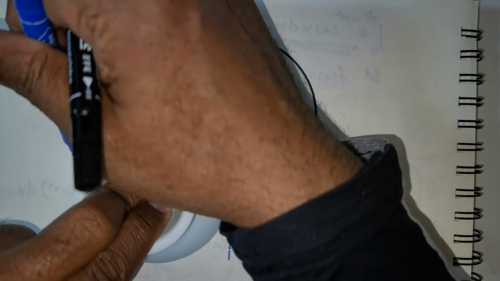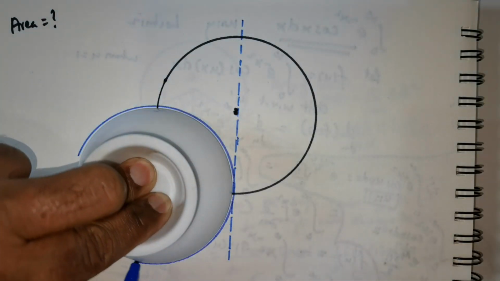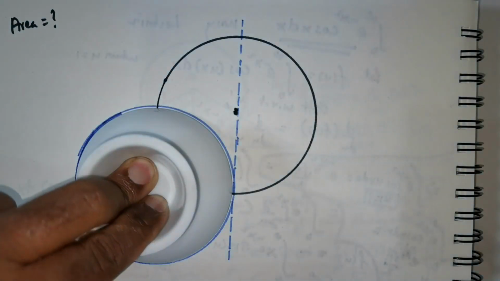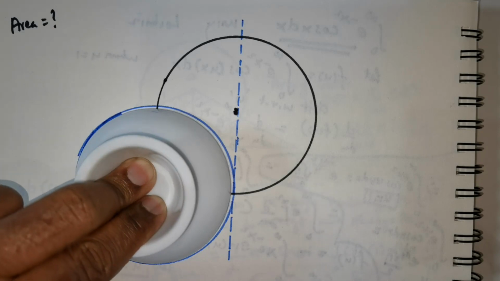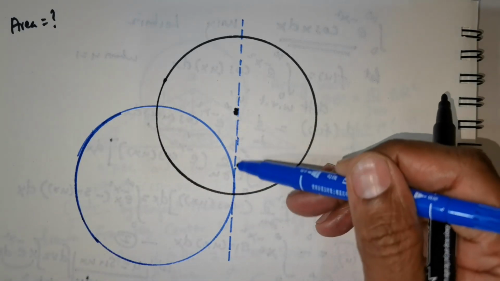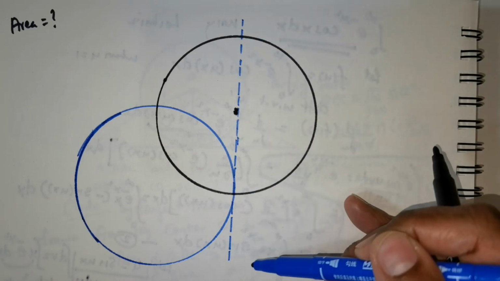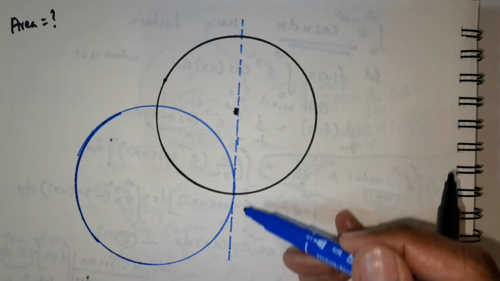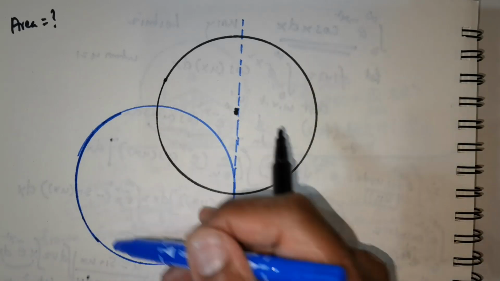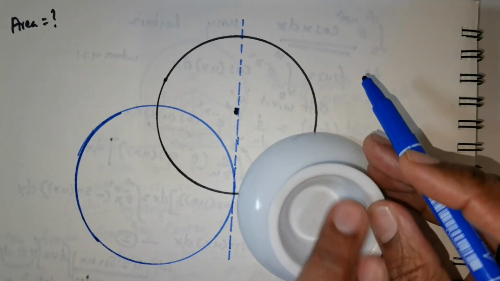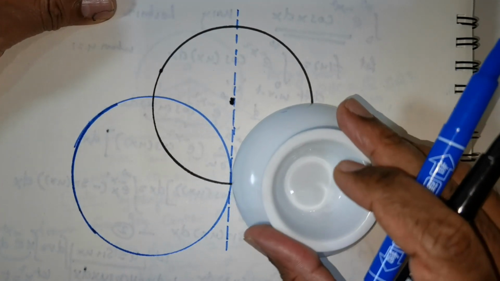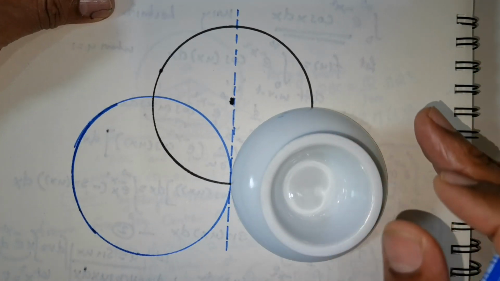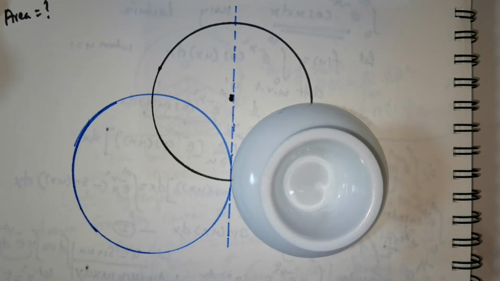So let me draw. Okay, that's fine. So you can clearly see that there is a tangent, the line that divides the huge circle. The first circle, the dark circle, actually is a tangent to the circle. Now, the same line is also a tangent to the next circle.